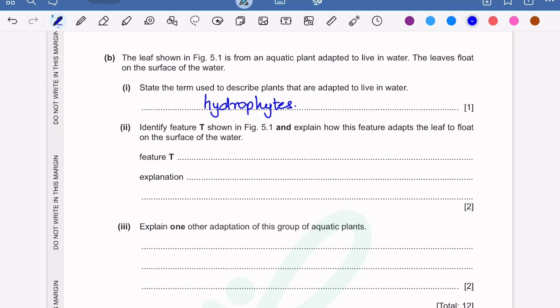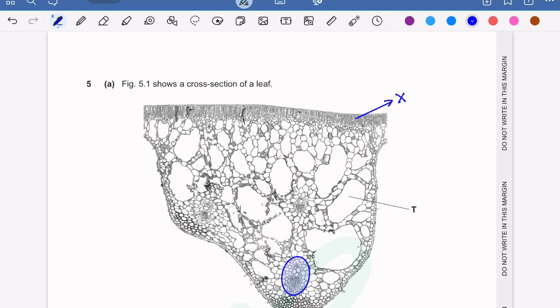Identify feature T shown in figure 5.1 and explain how this feature adapts the leaf to float on the surface of the water. So let us see the feature T. We can see that feature T is basically the spongy mesophyll, which has large air spaces, which is very much required in a hydrophyte.